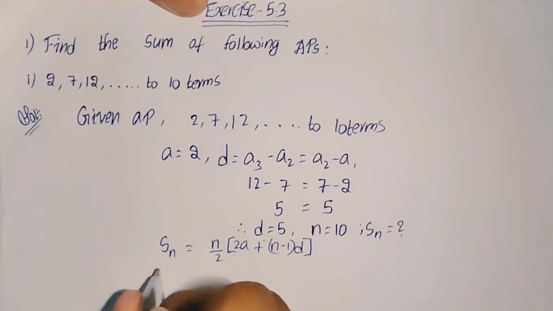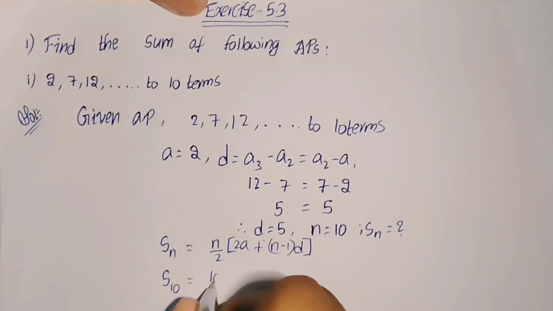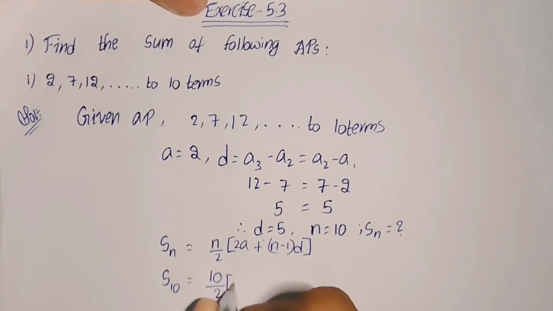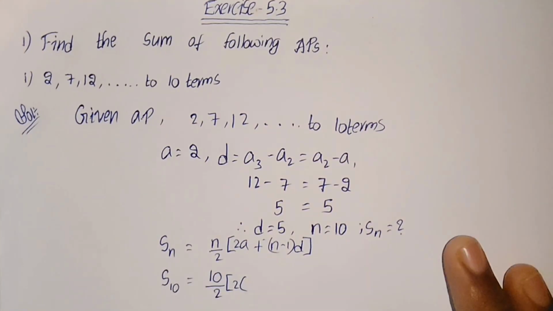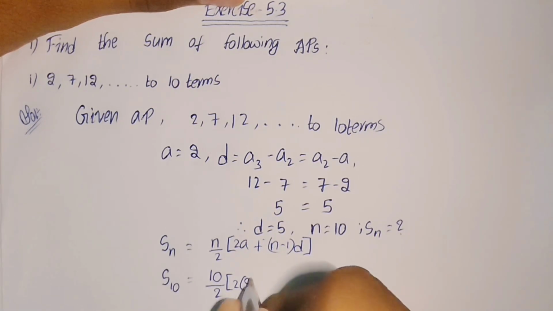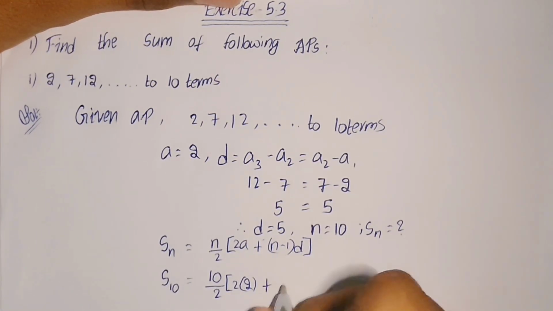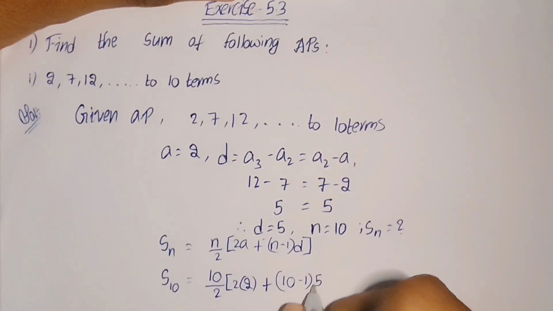So S base 10 equals the value of n, 10, by 2 into the value of a, 2, plus n, 10, minus 1 into d, 5.